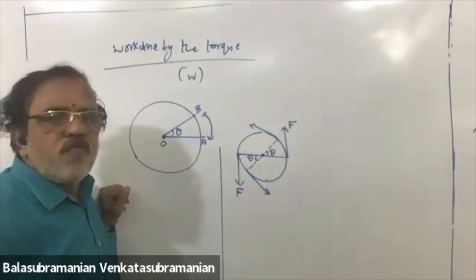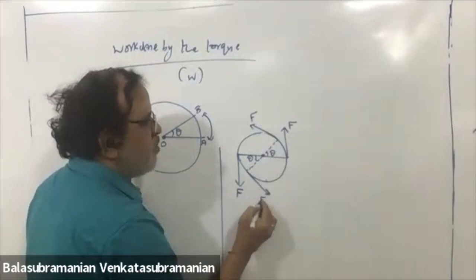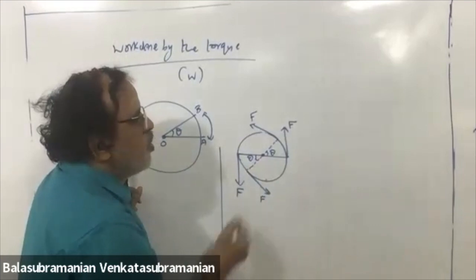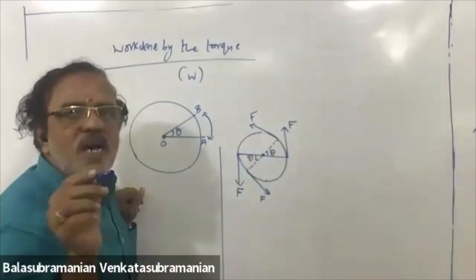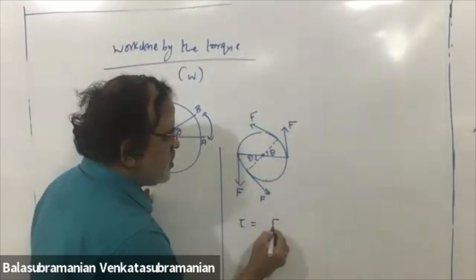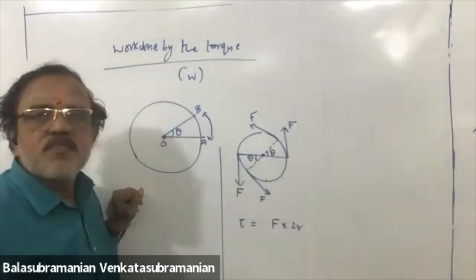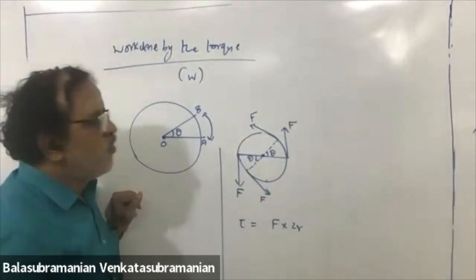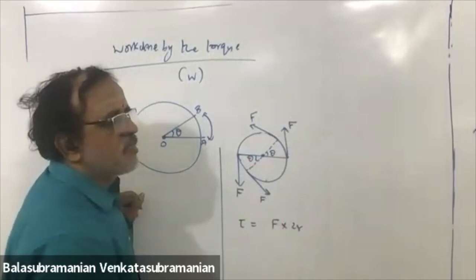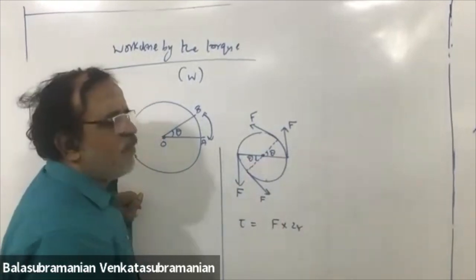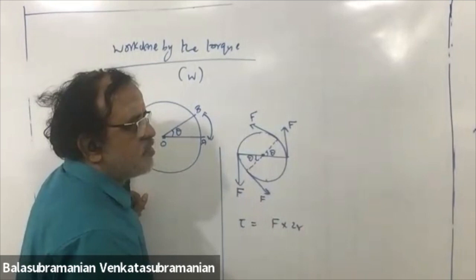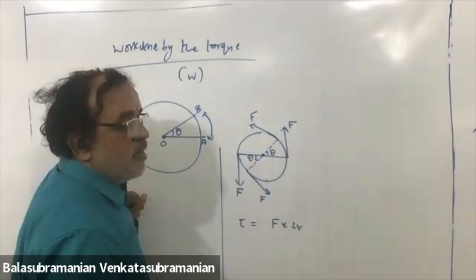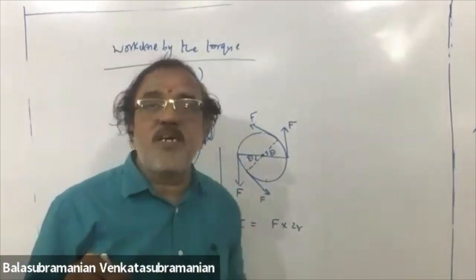Both are forces. Here, after a time of t seconds, the body is rotating through an angle theta. Force into perpendicular distance, you call it torque. So torque is F into 2R. What is the actual concept of work done?